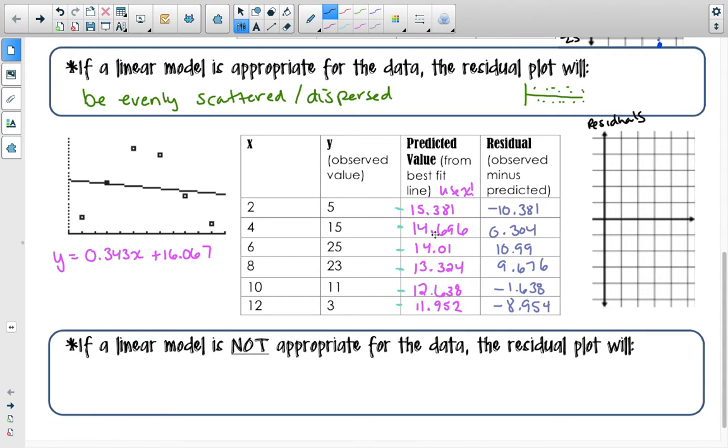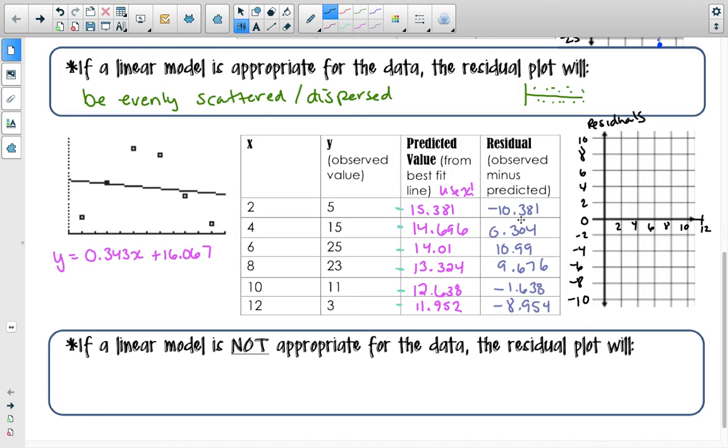We want to make sure we go up to 12, so I can count by 2's on the x-axis: 2, 4, 6, 8, 10, and I'll add a little bit more to 12. And then we need to go down to at least negative 10.381. So I'll count by 2's on the y-axis as well: 0, 2, 4, 6, 8, 10, negative 2, negative 4, negative 6, negative 8, and negative 10.